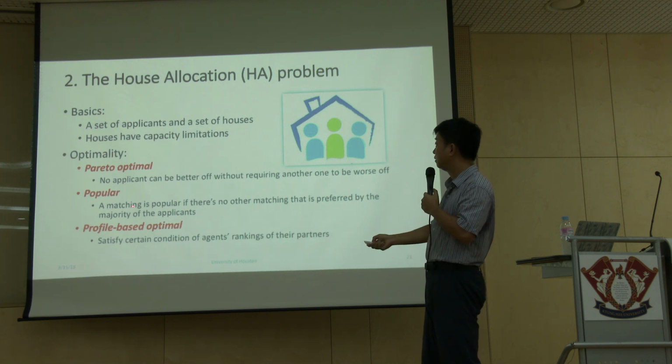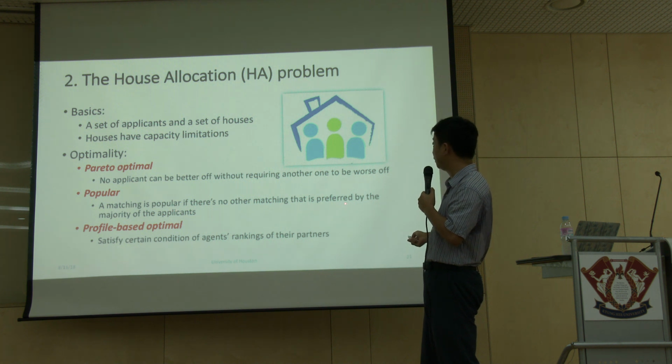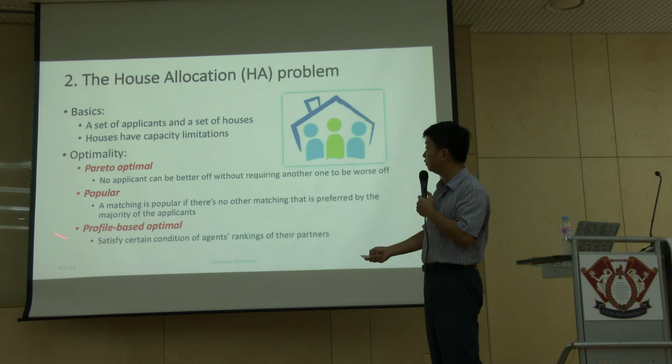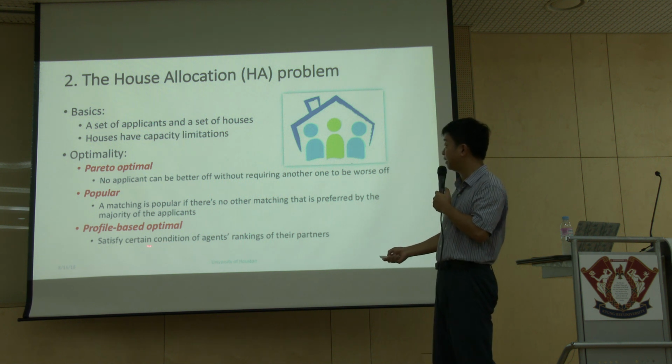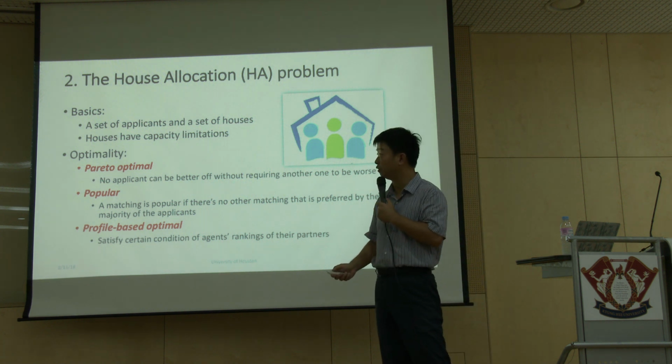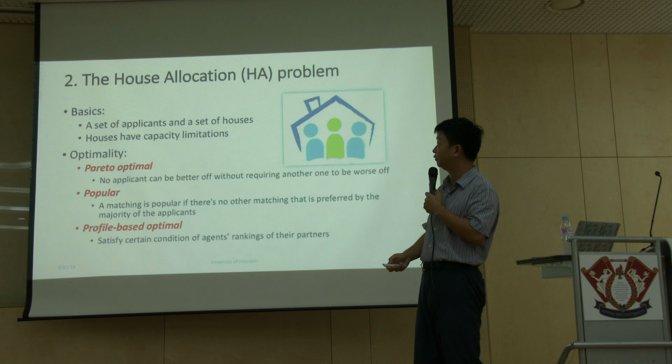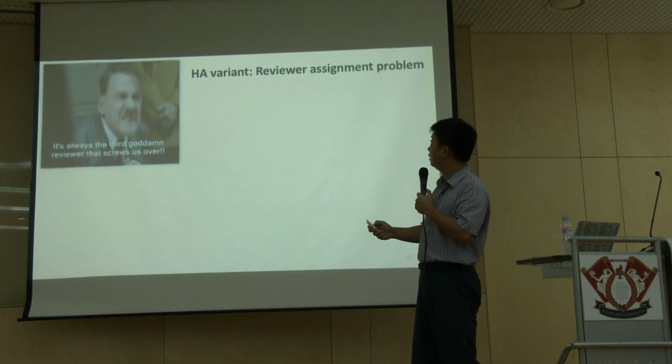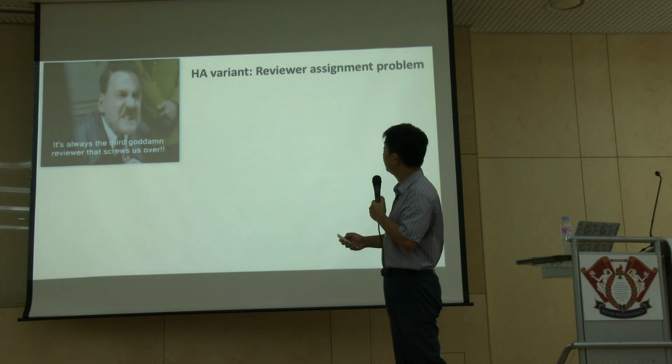Popular means that a matching is popular if there's no other matching that is preferred by the majority of the applicants. And there are other kinds of optimality concepts, like the profile-based optimal, which satisfies certain conditions on the agents' ranking of their partners. So in this case, there will be other types of optimality here. And then there are some kind of variations.